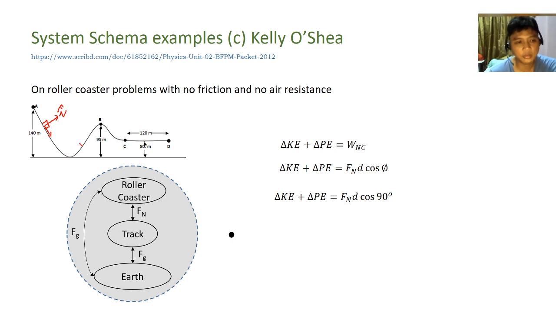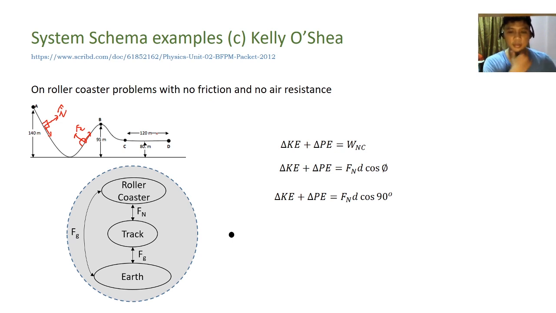Even if the roller coaster is right here, the normal force is in that direction and the displacement is in that direction. So they're always 90 degrees.